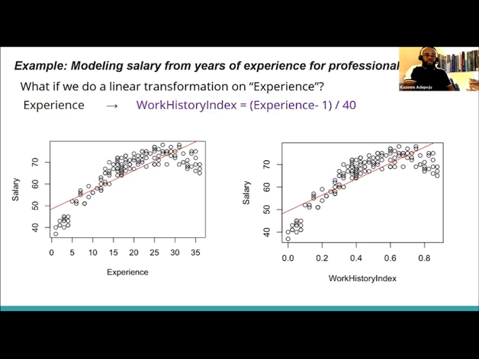But why am I doing this? I'm going to show you something. If you take a look at what I have here using the work history, I still have the same relationship, but I'm still going to tell you the reason why the work history index is more appropriate than just using experience.